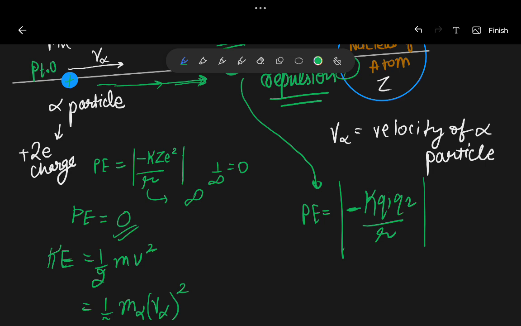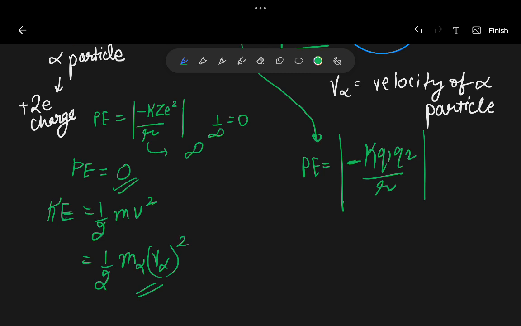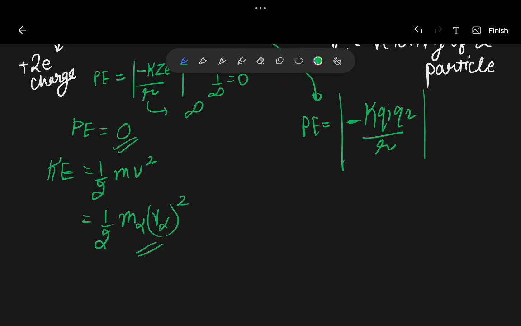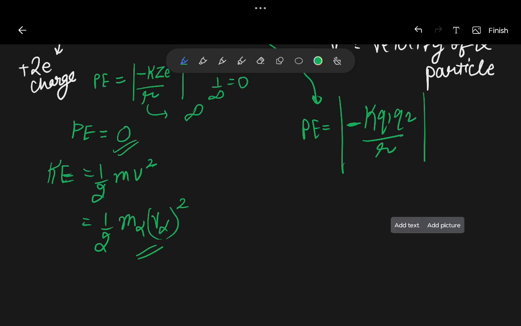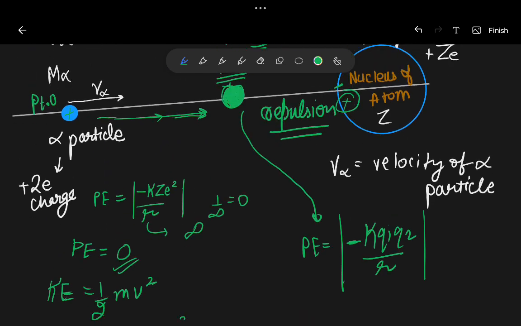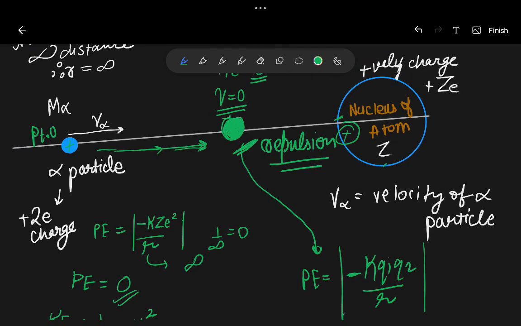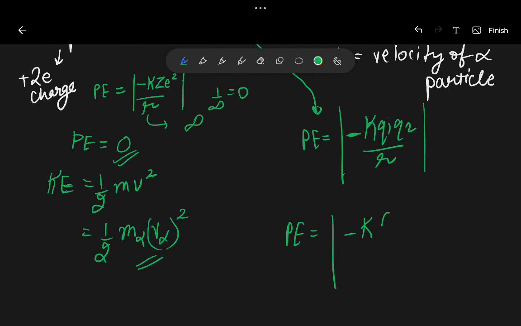Now just put q1 and q2 here. So this is the potential energy, k, and q1 is this and q2 is this. Let's say this is 2e and this is Ze.